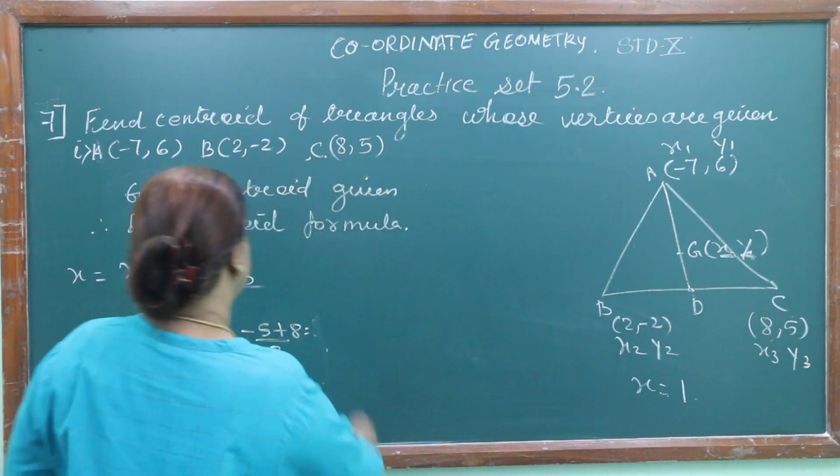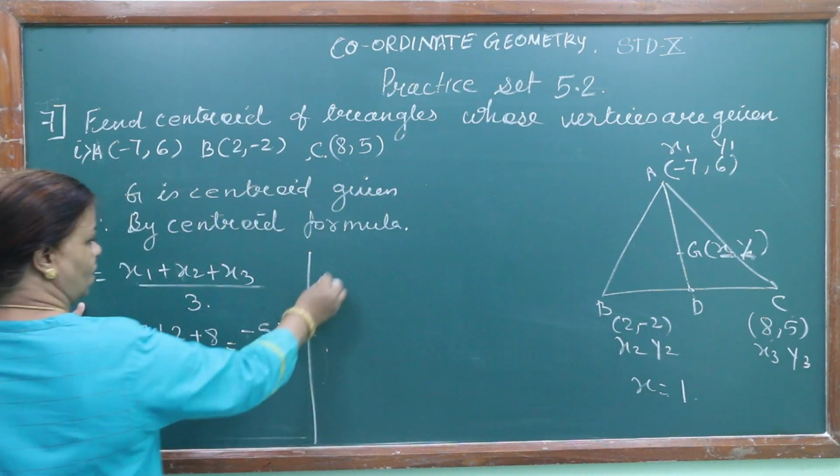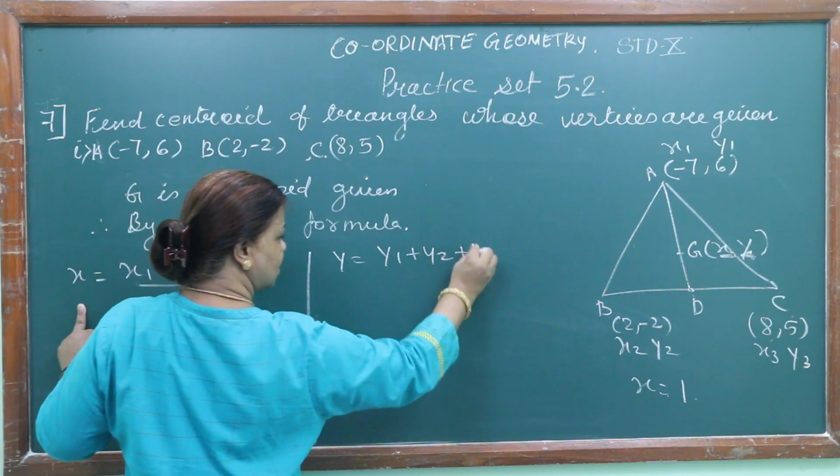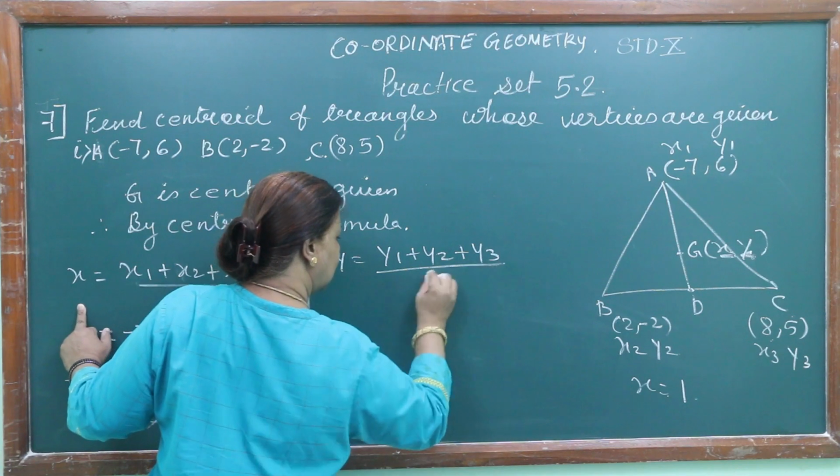Now for the y coordinate of the centroid, y is equal to again y1 plus y2 plus y3 upon 3.